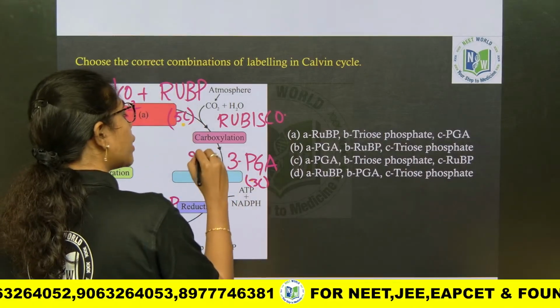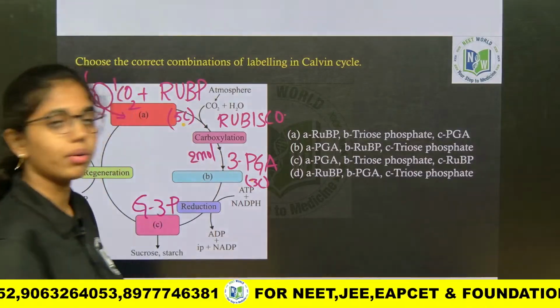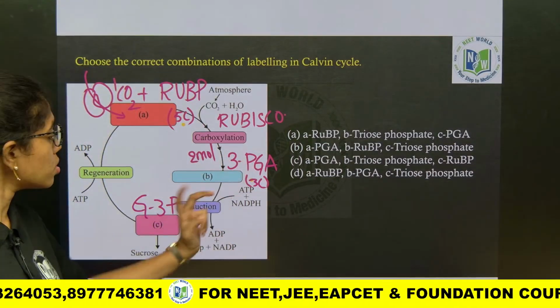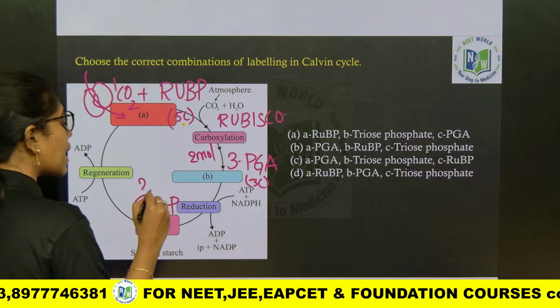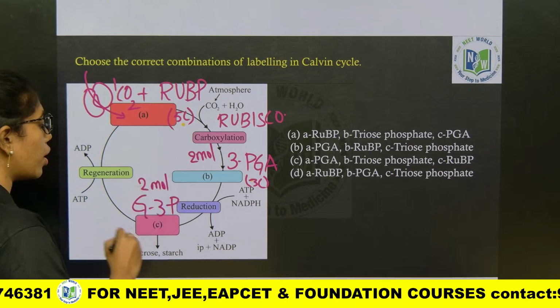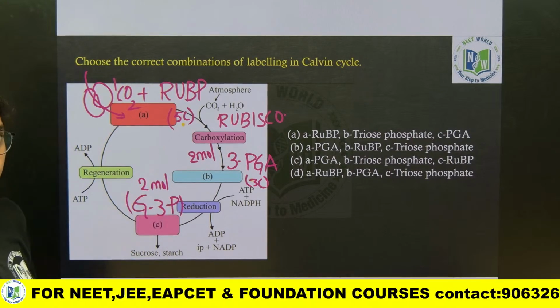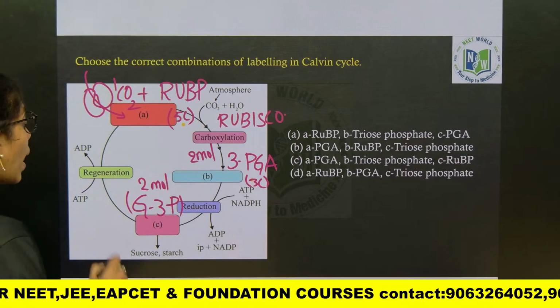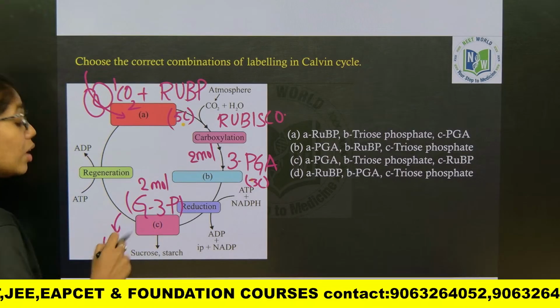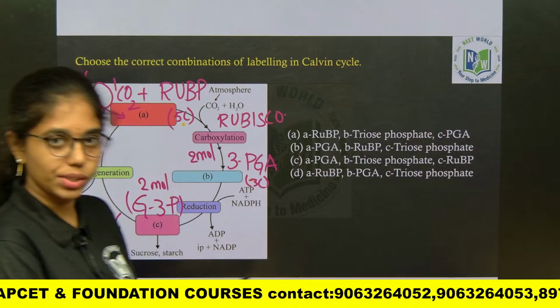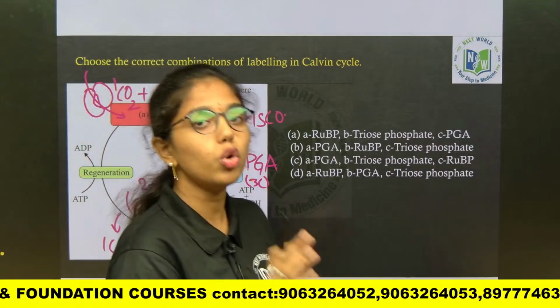So 2 molecules of the 3-carbon compound are formed. These 2 molecules get reduced to glyceraldehyde 3-phosphate, 2 molecules of glyceraldehyde 3-phosphate. From here, 1 carbon from each cycle escapes the Calvin cycle to form the glucose chain.